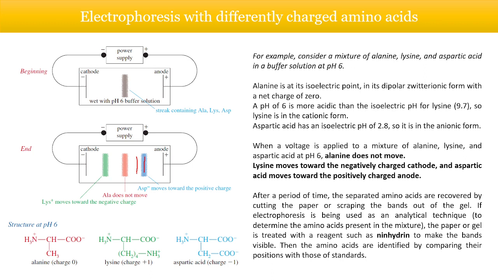Now the same is observed for lysine and arginine. So lysine has 9.7, say arginine has a higher pI, so arginine would be moving over here and lysine is moving over here. So in this manner we can actually separate the two amino acids even if they are of the same charge, as we are separating them based on their pI.